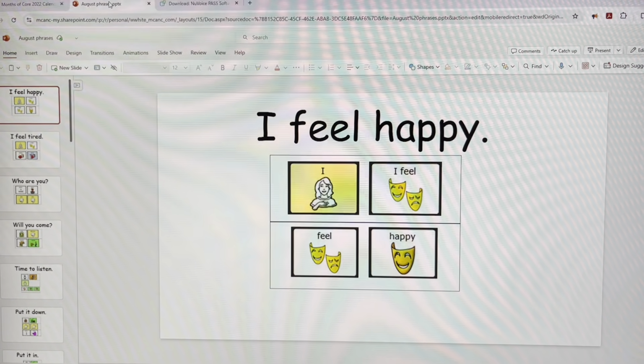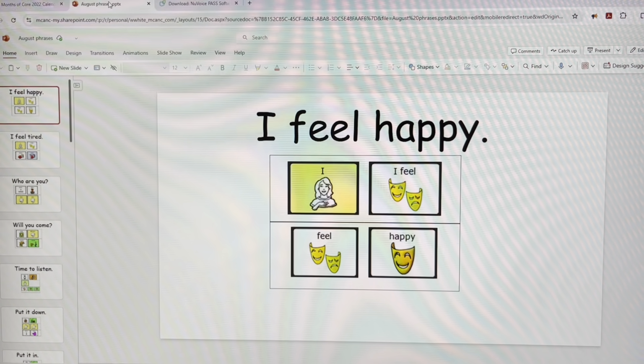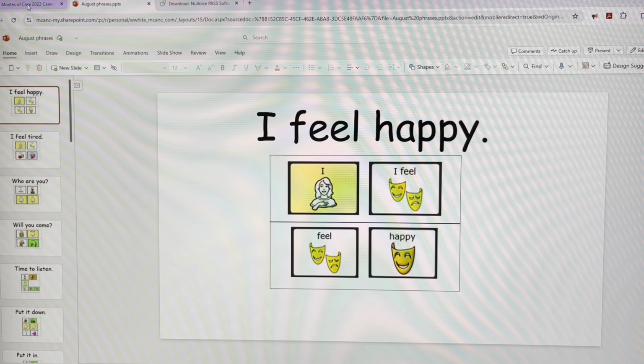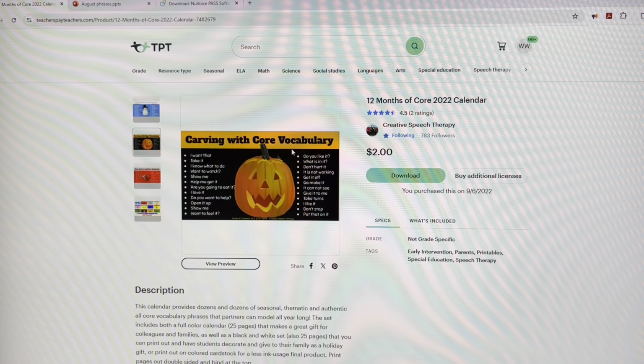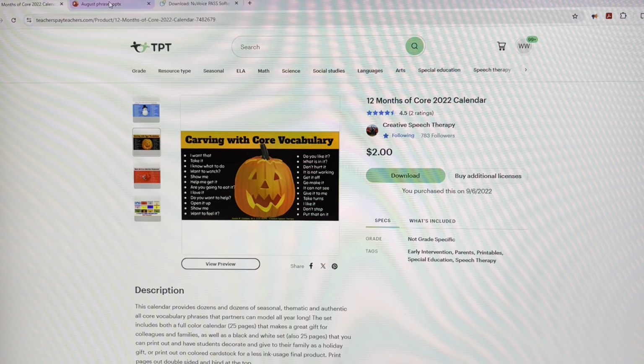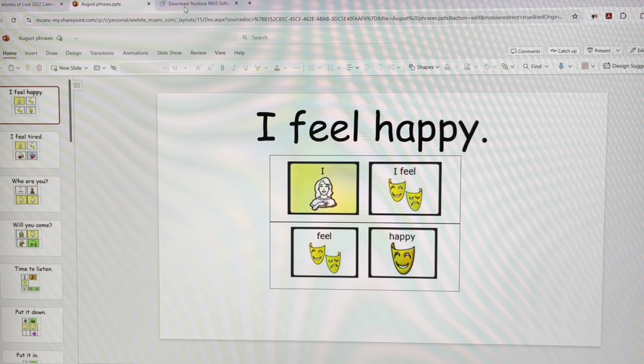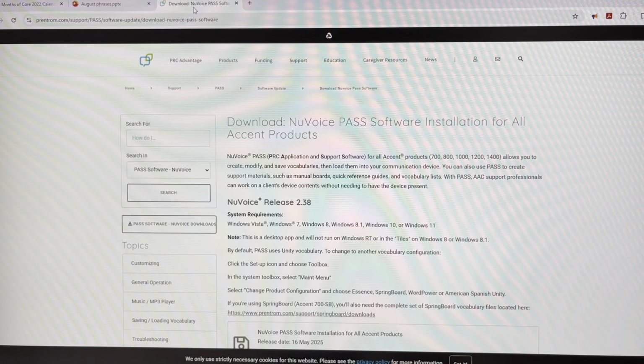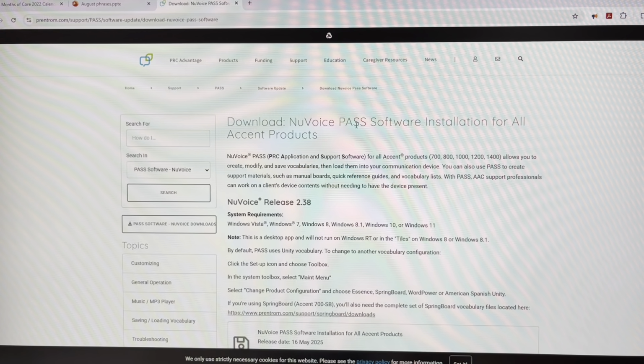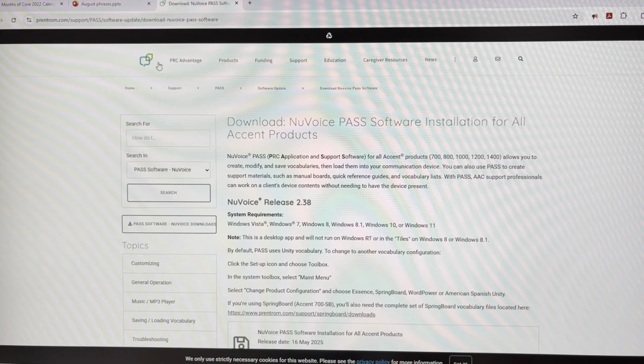I have one more tip to share with you today. Back in 2022, I purchased a 12 months of core calendar from Creative Speech Therapy on Teachers Pay Teachers, and I have really enjoyed this resource. I went in and downloaded the software, NewVoicePass software. It's from PRC-Saltillo.